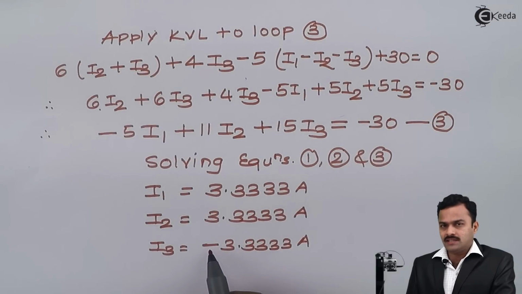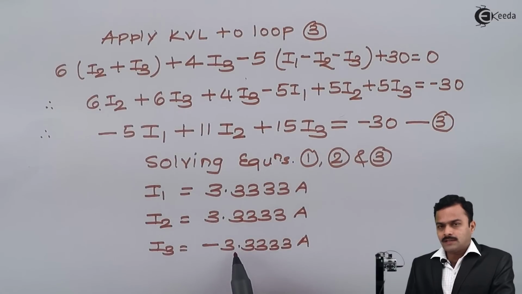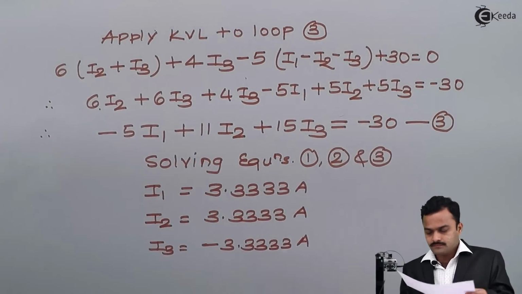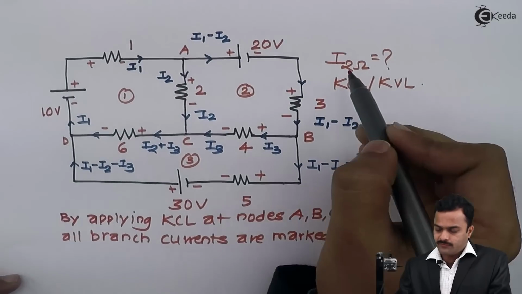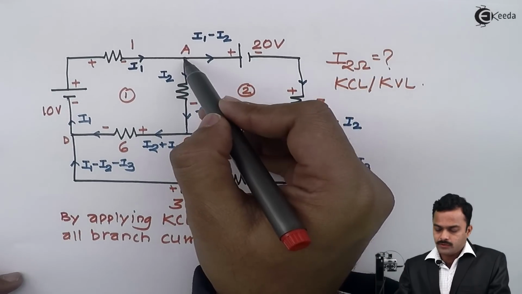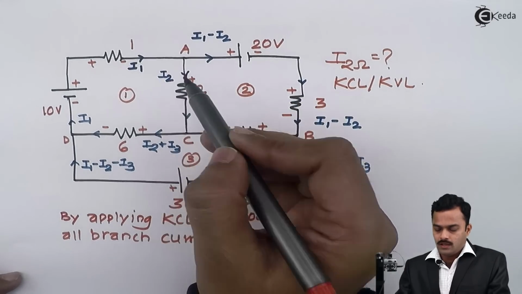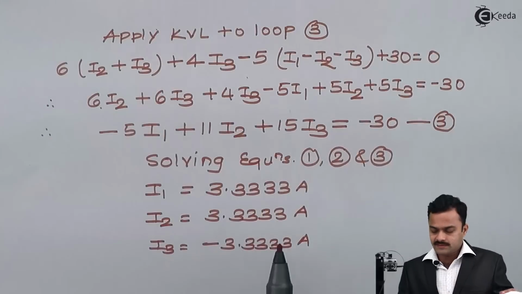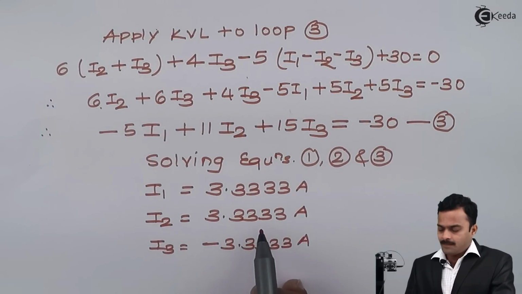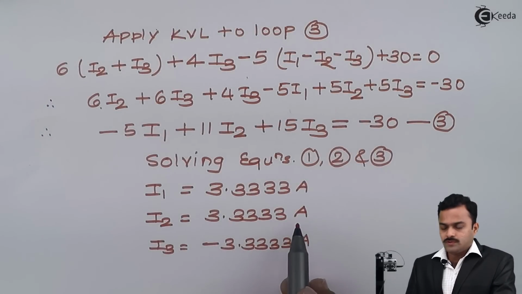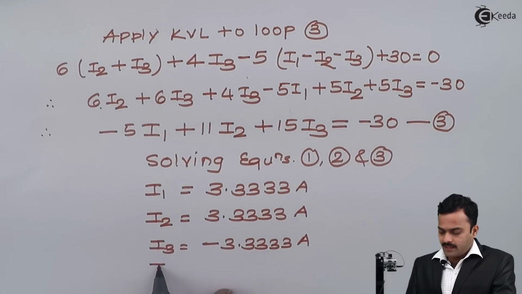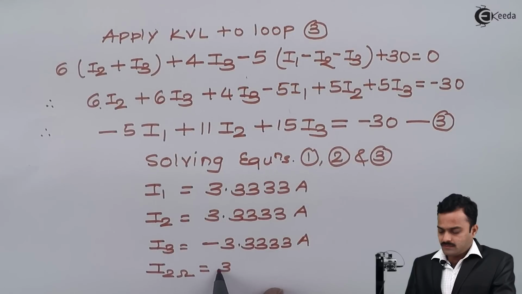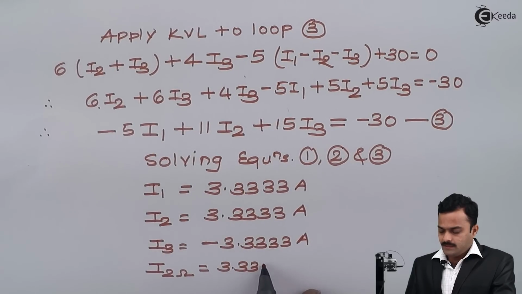That is the only thing. Otherwise the magnitude will remain same. Now our objective was to get a current flowing through the 2 ohm. So current flowing through the 2 ohm is I2, and we are getting answer for I2 is 3.3333. So finally I can write current flowing through the 2 ohm will be 3.3333 ampere.